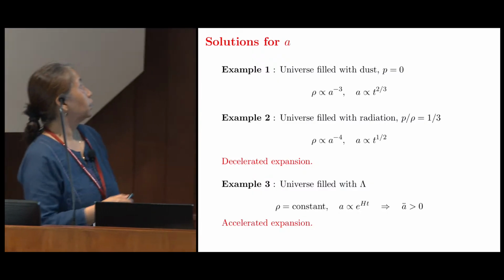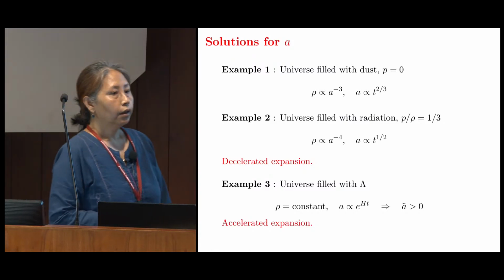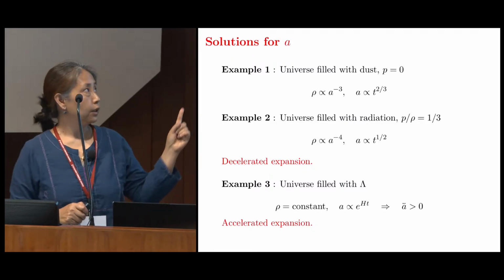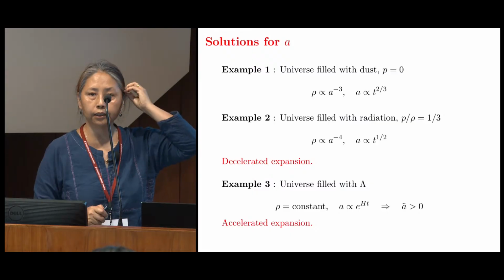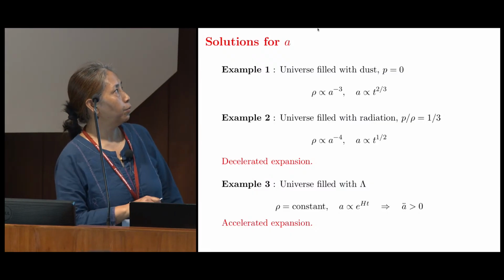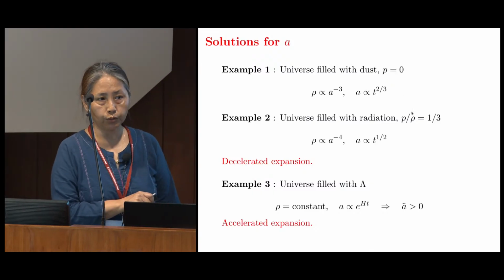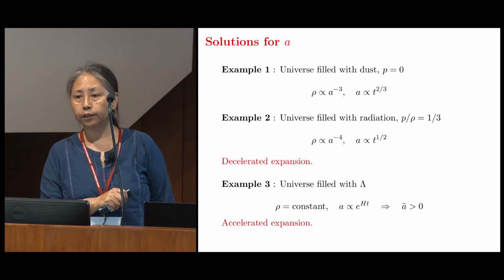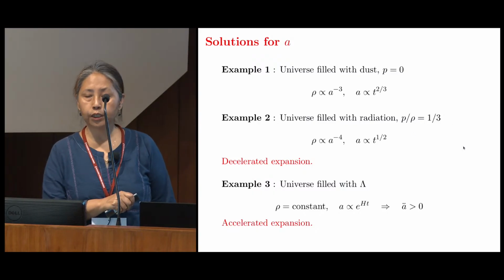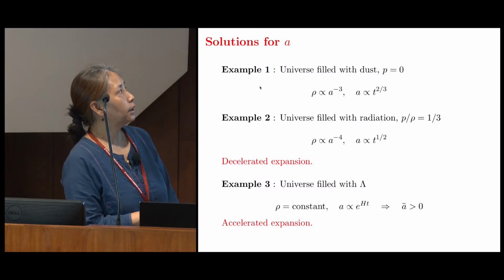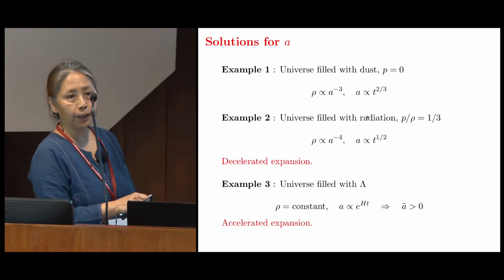Okay. So, more solutions. In the Einstein equation, the Friedmann equation and acceleration equation, if I am to say that my equation of state is given by P equal to 0, okay, P is 0, that means W is 0. So, this is true for things like dust particles.